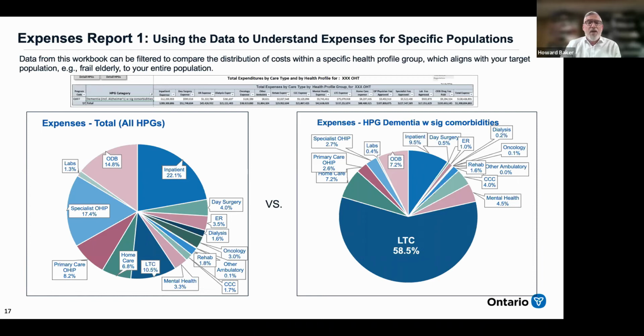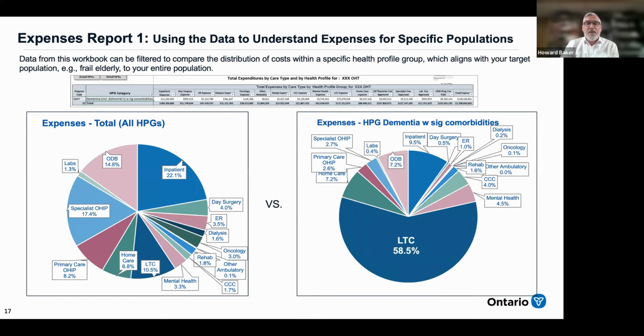So one way to address this is to select an HPG that you feel aligns with your target population. For example, frail elderly. So for this OHT, I chose to examine HPG dementia with significant comorbidities as a good starting point to examine costs associated with the frail elderly population.